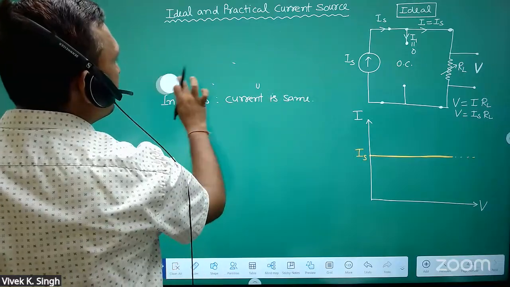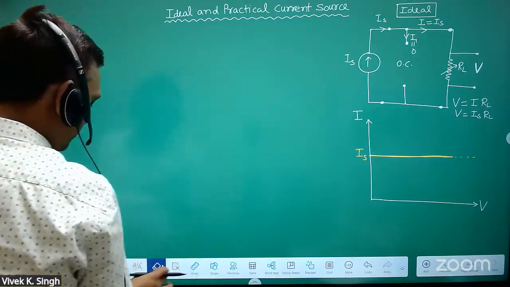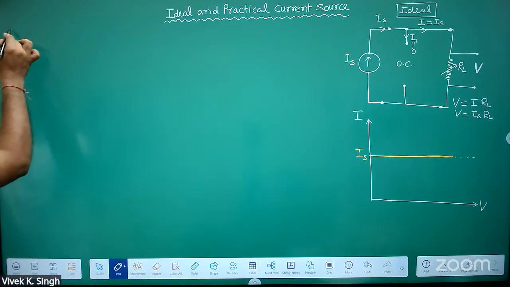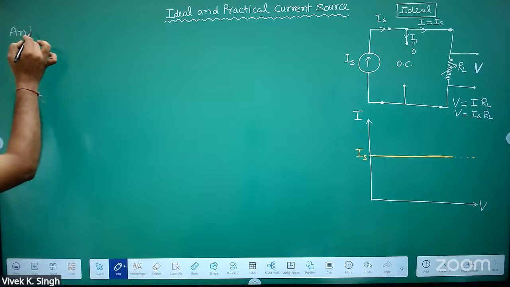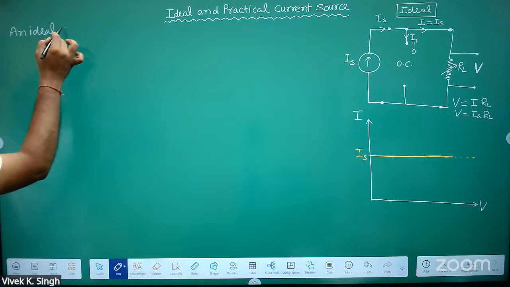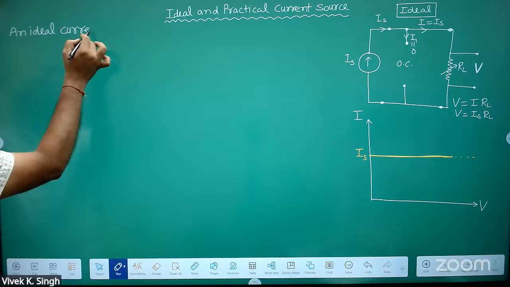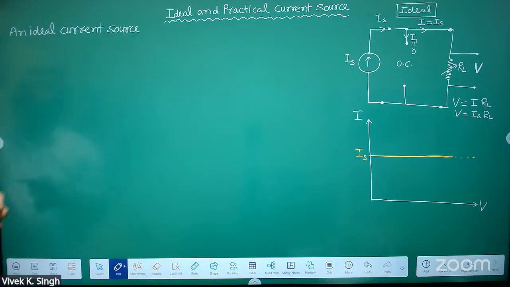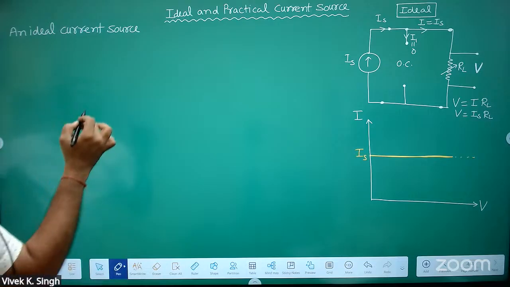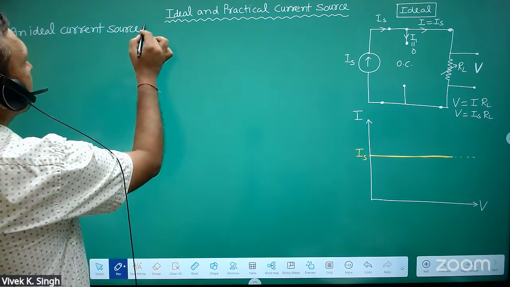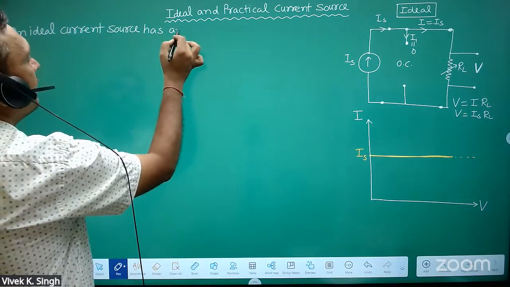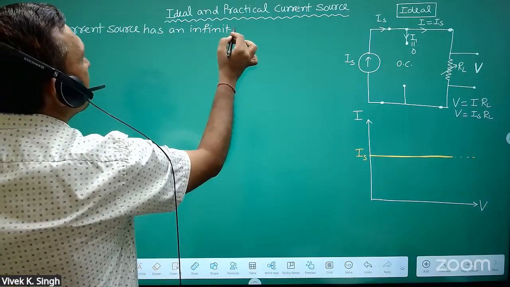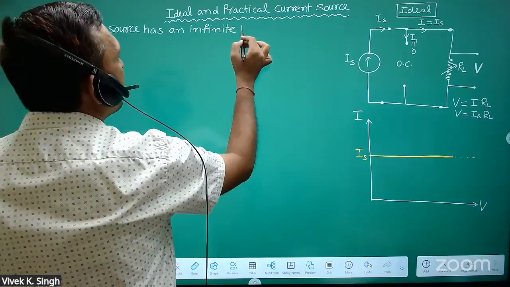Now write down about ideal current source. So an ideal current source has an infinite parallel resistance.